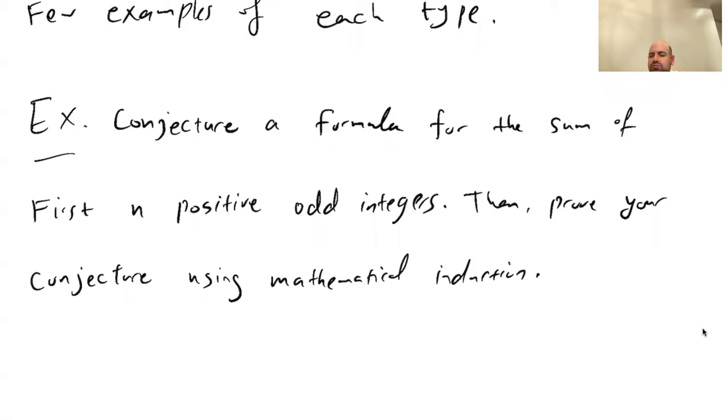If you want to make a guess about a specific result, we say conjecture. To make a conjecture, you can try the first few examples or few numbers. We saw that it's not a method of proof, but it's a good way to get some idea or make a conjecture. So why don't we look at a few examples of this case, the sum of the first n positive odd integers.